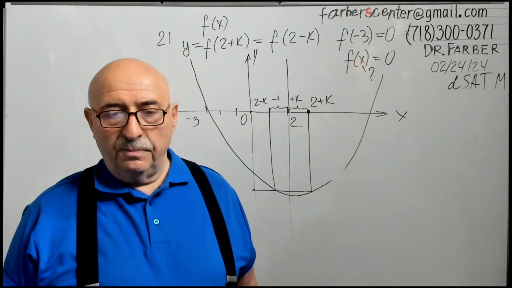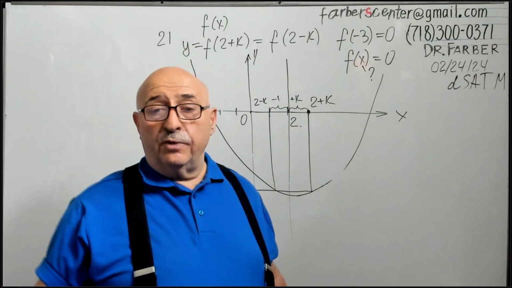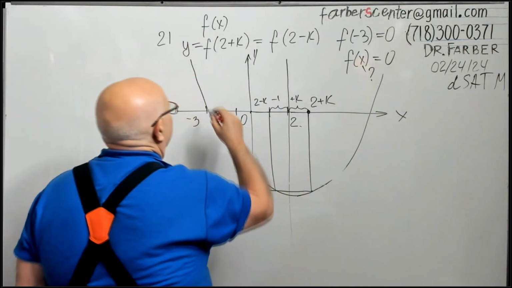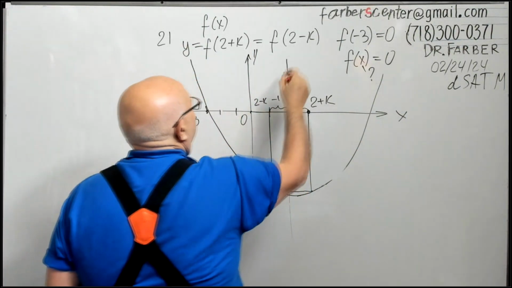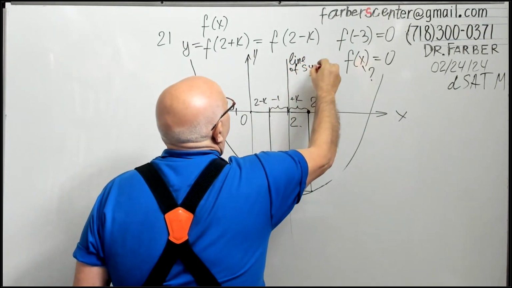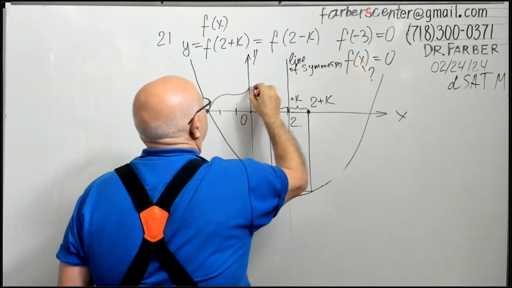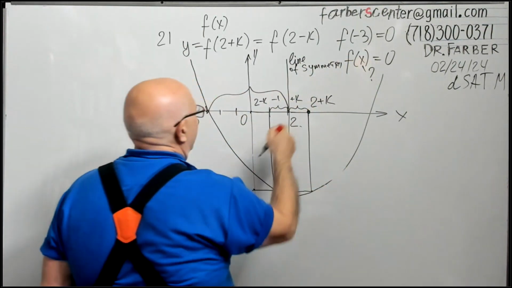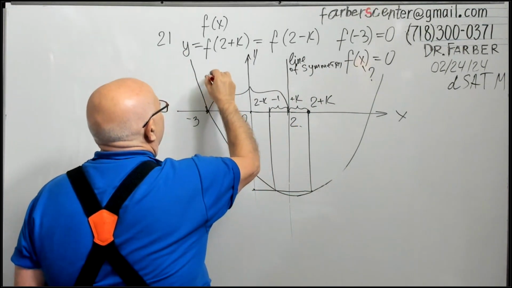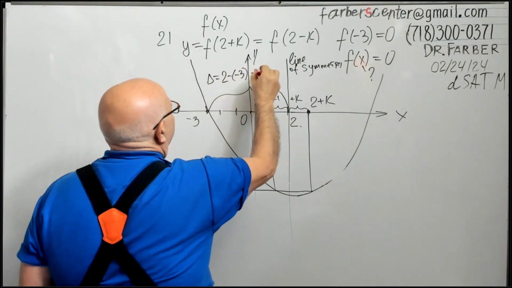So far so good? Since you understand this, look at this. Since the function is symmetrical, what is the distance from the line of symmetry? What does this distance equal? 2 minus -3, delta distance, which is 5.